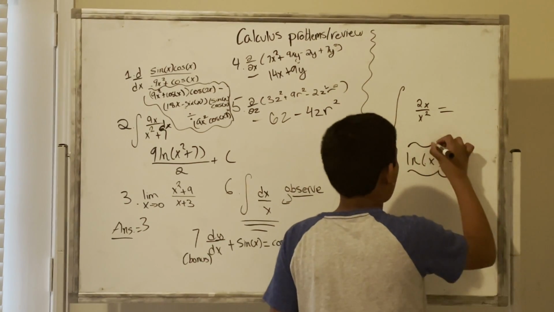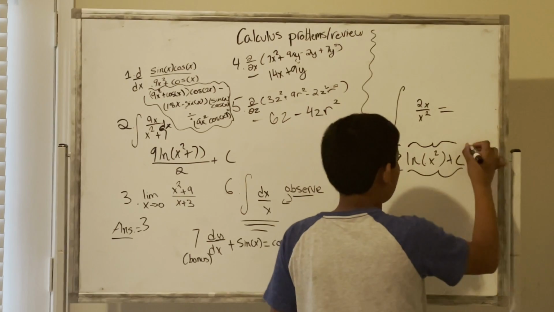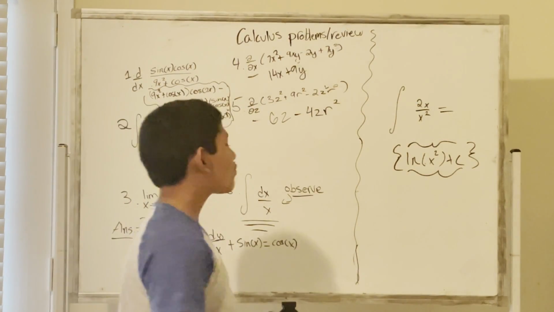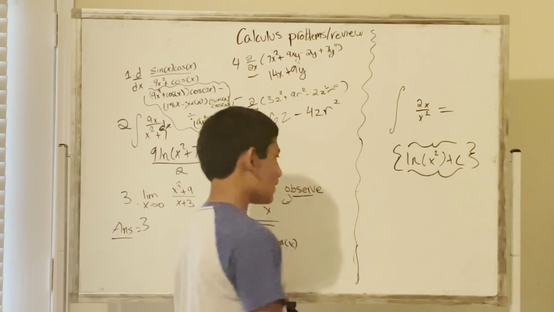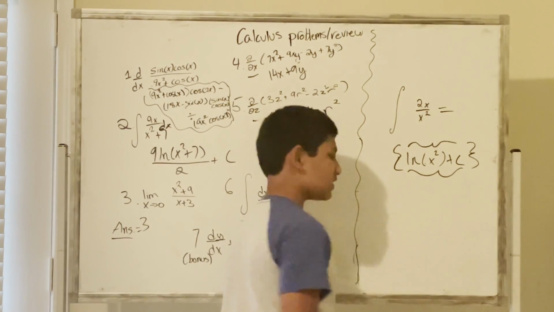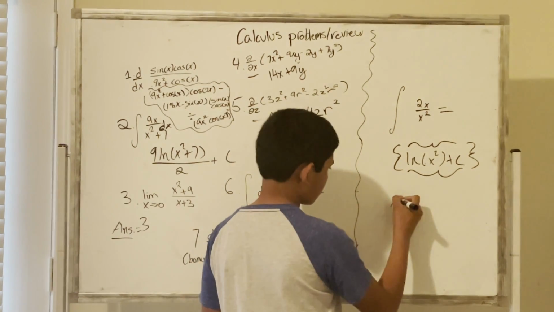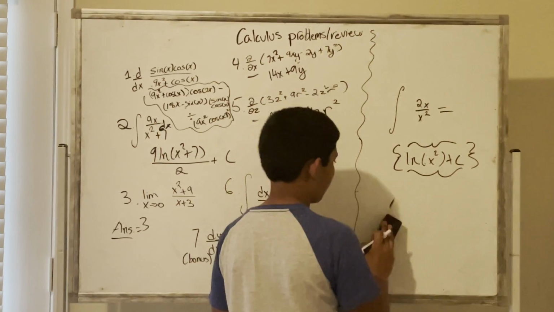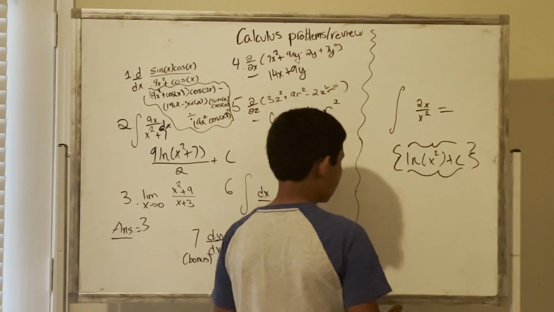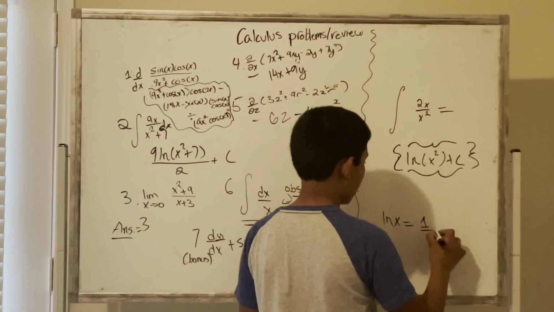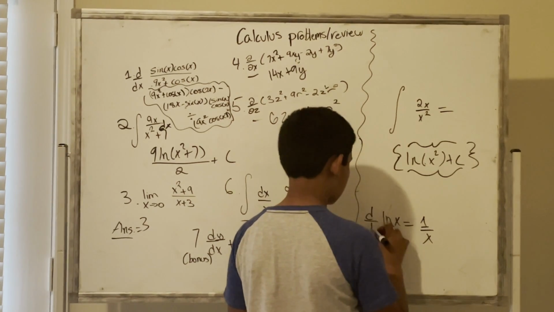Okay, so why does this equal that? Well, if you forgot your integration techniques or are just learning it, this is very easy. In differentiation you have probably learned that if we take the natural log of x, this is just equal to 1 over x when we take the derivative.